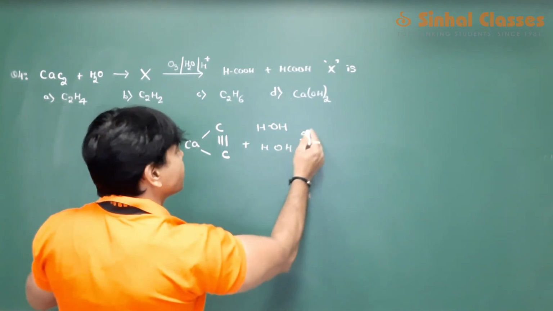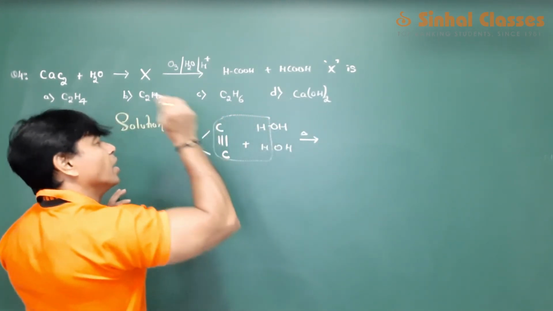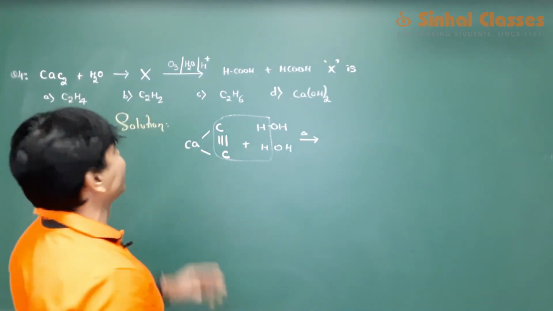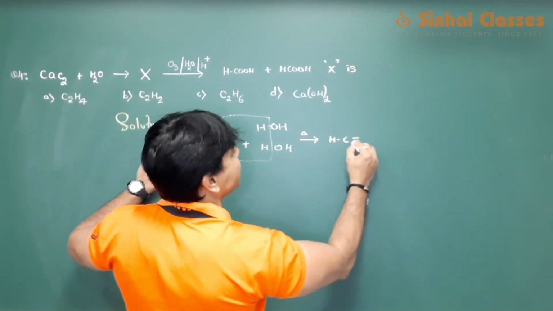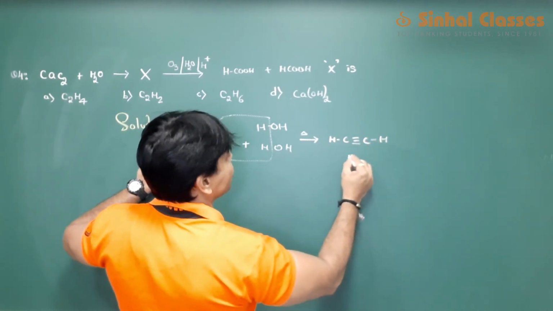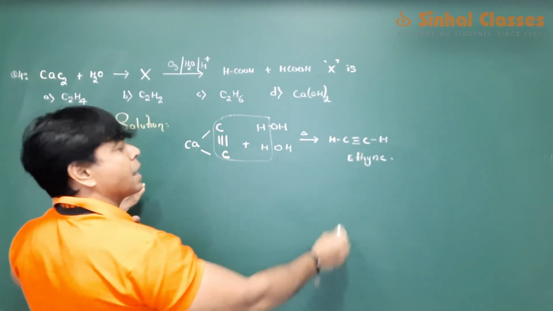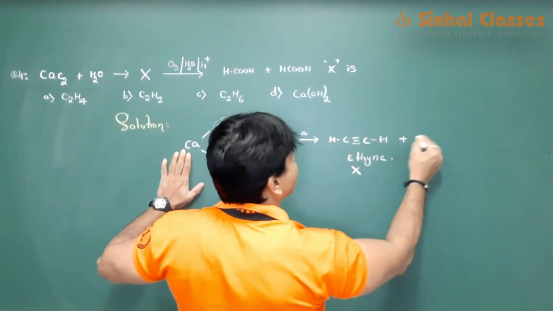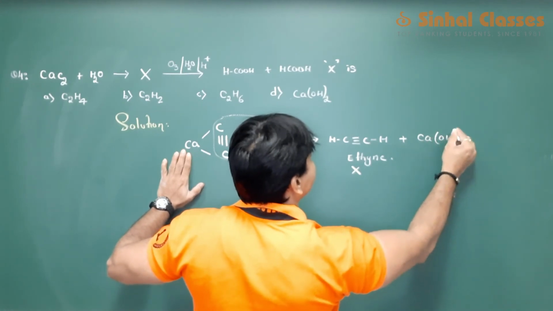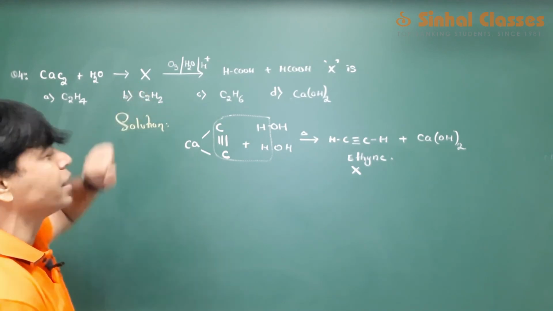Heating it, what you get here, your X, is ethyne, acetylene. This is your X. Along with that, the byproduct coming out is calcium hydroxide. So your X is ethyne.